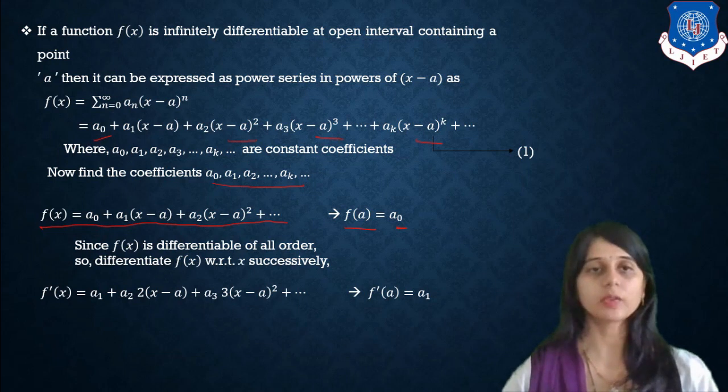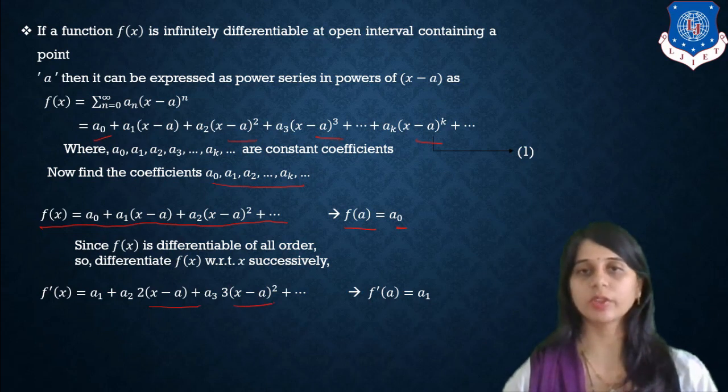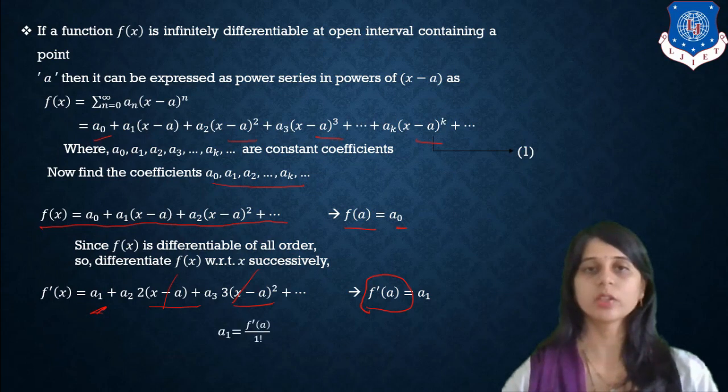So we get f dash x equal to a1 plus 2 a2 (x minus a) plus 3 a3 (x minus a) whole square. If we put x equal to a, the other terms cancel out, so we get only a1. So a1 equals f dash a upon 1 factorial.